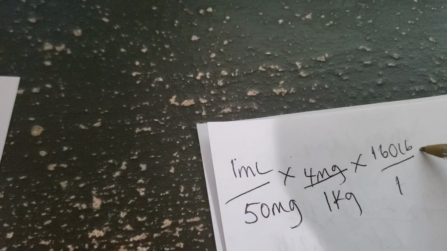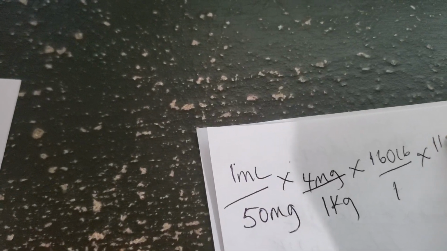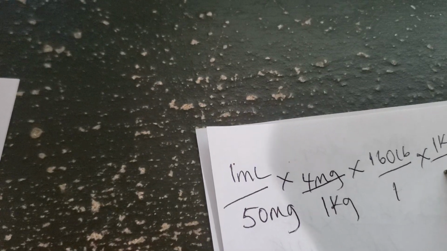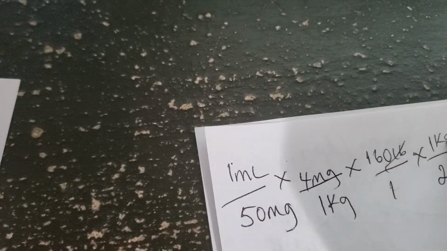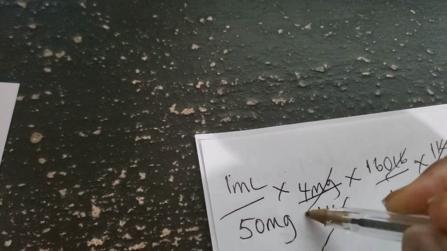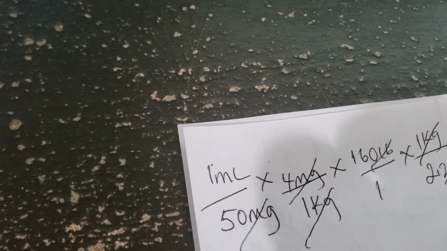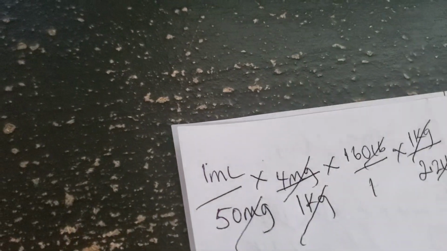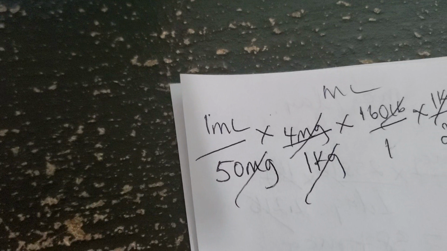And then we do the conversion of the pounds. 1 kilogram is to 2.2 pounds. Pound will cancel pound, kilogram will cancel kilogram, milligram will cancel milligram. You see right there? Okay. So let's multiply. We are looking for ml, remember.